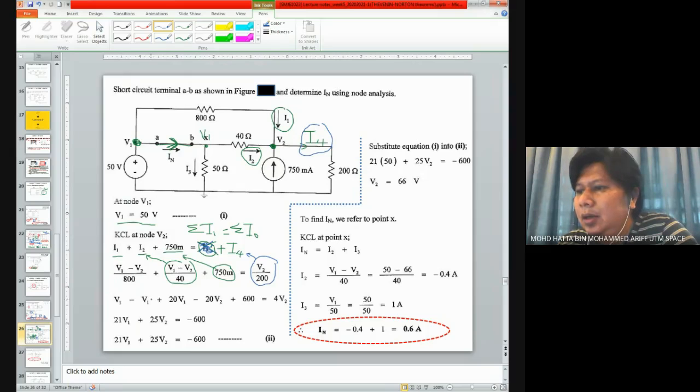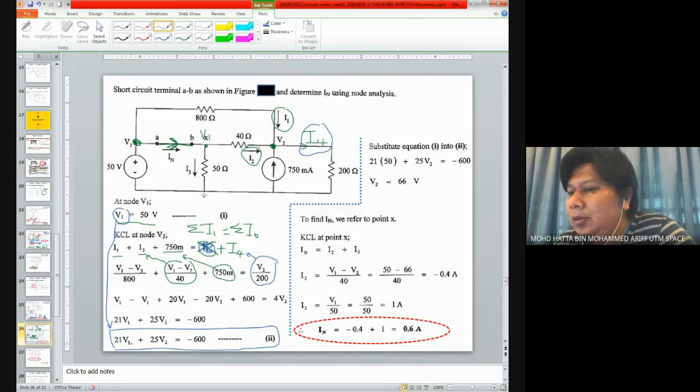Once you express your current in terms of voltages, you simplify that equation, and at the end you will end up with this equation. This is our second equation. Remember that we already know the value of V1, so we can simply put it into this equation to get the value of V2.